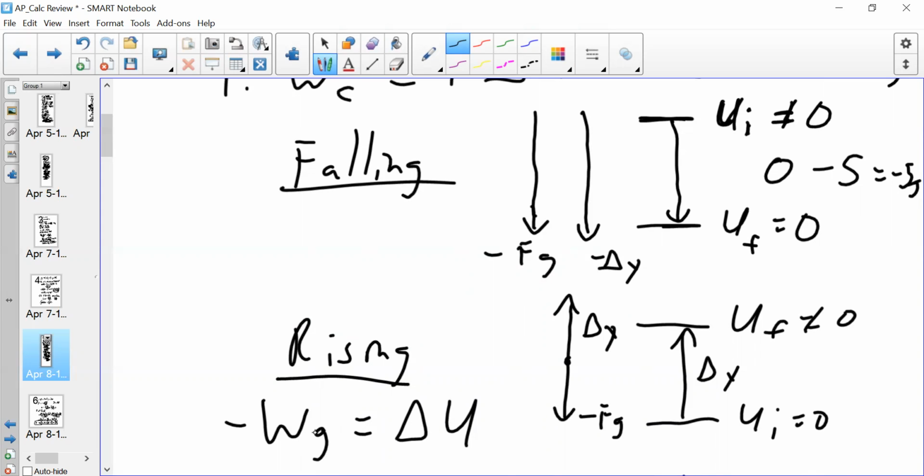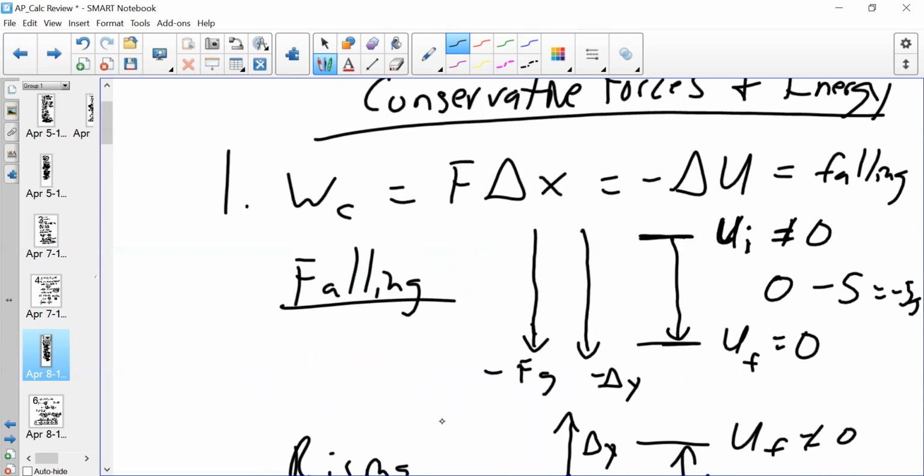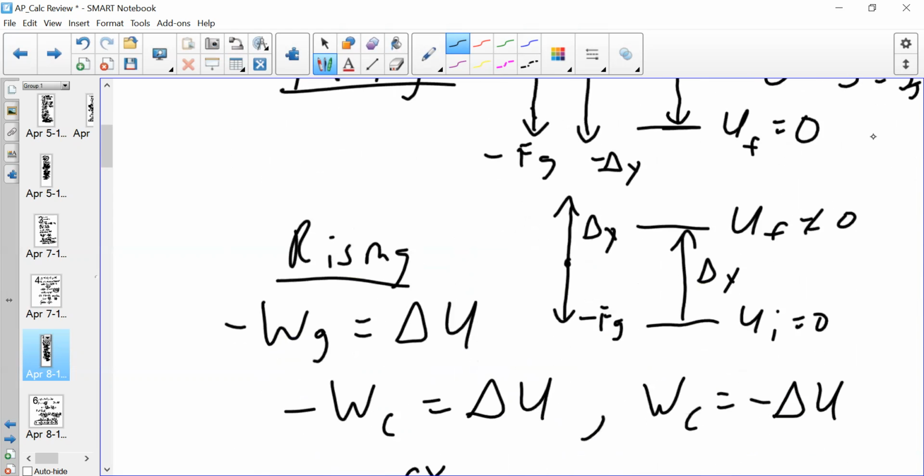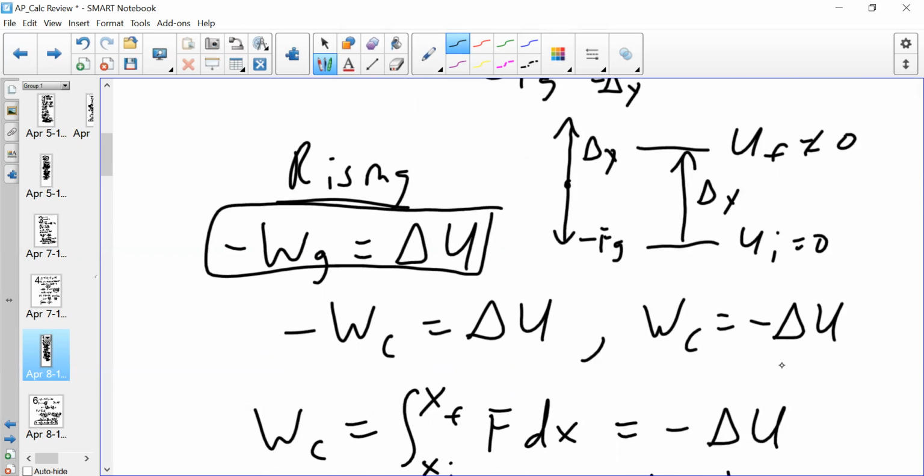The work done by gravity is going to be negative, and so negative negative here is going to make this positive, or just switch the signs. So that's to keep it simple. This would be the falling case, and this is the rising case. All right, so that's from first principles.